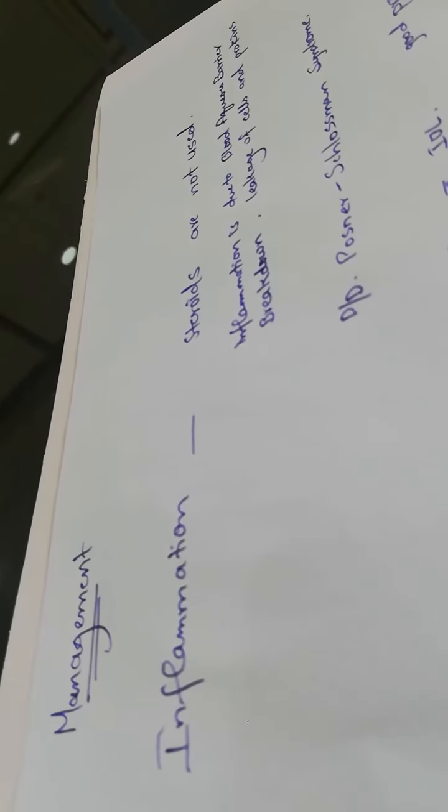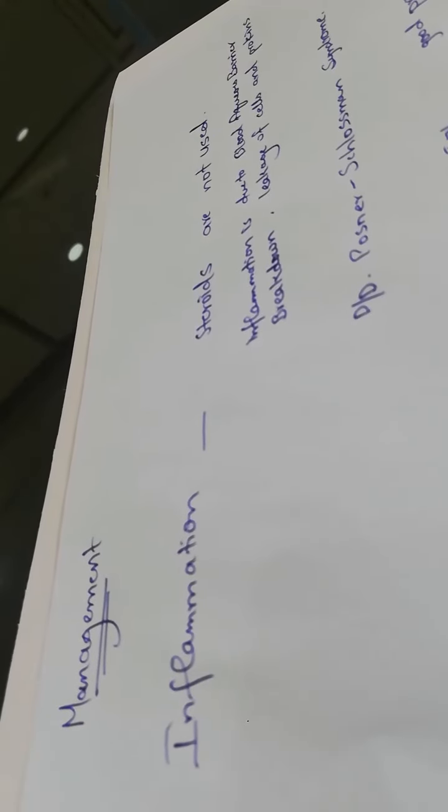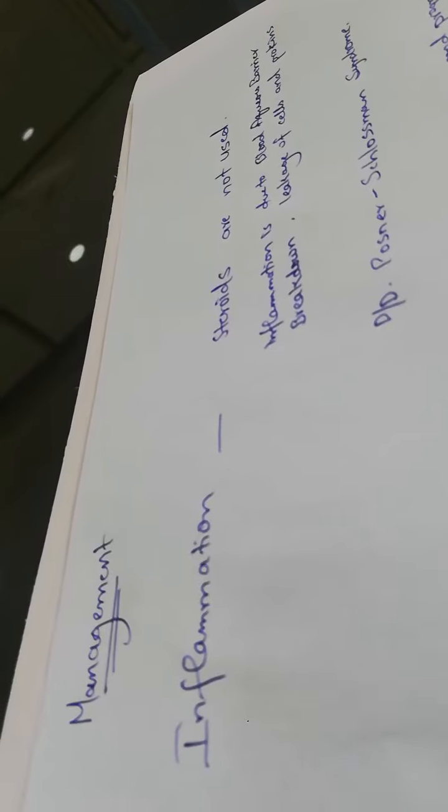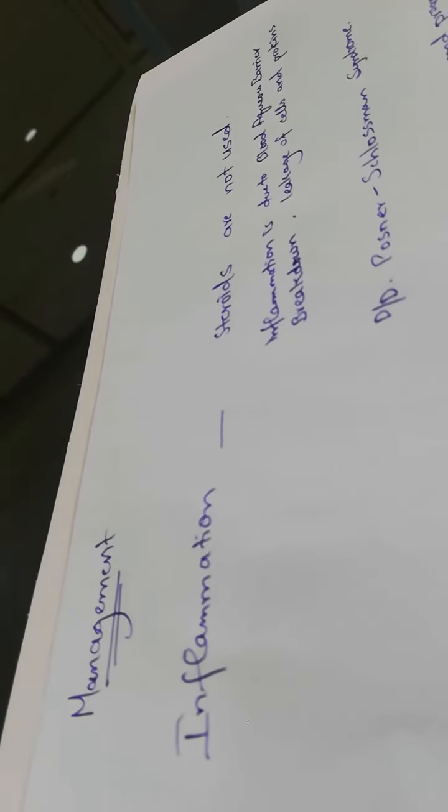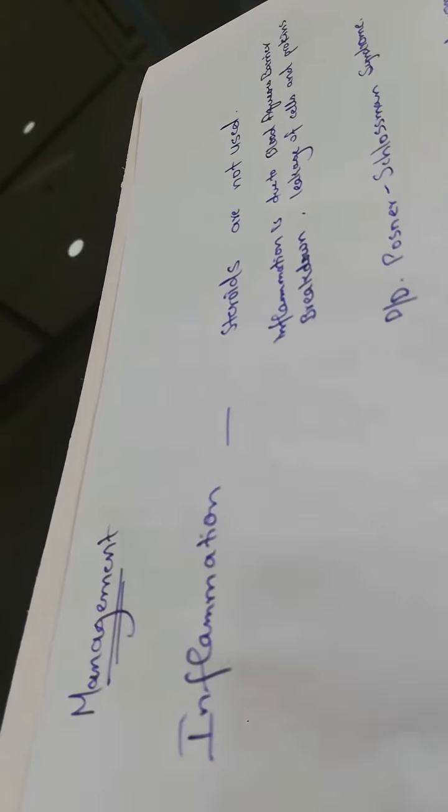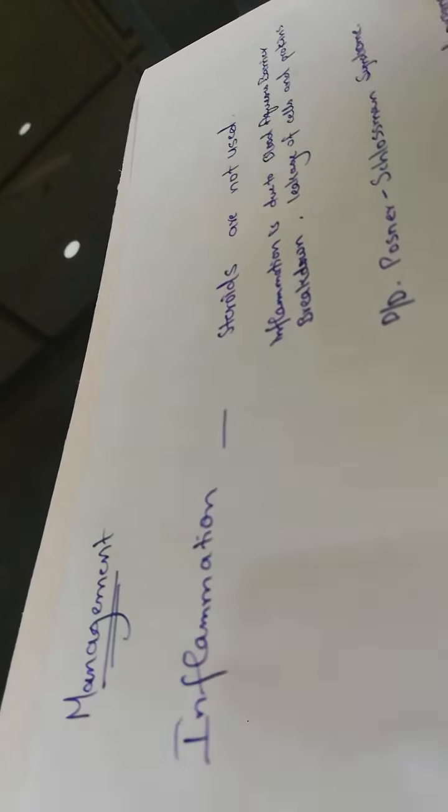Okay, now let's talk about the management. First, because this is cyclitis, iridocyclitis, wherever itis is present, there is inflammation. So for inflammation, what we usually do, we use steroids, right?